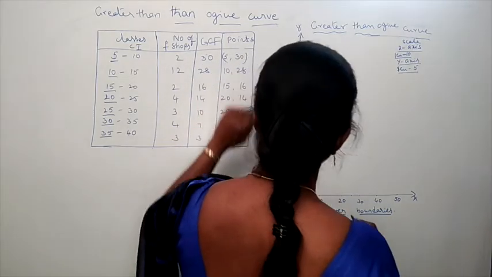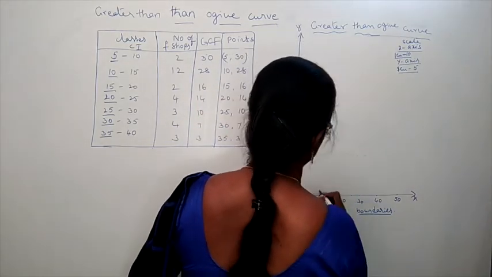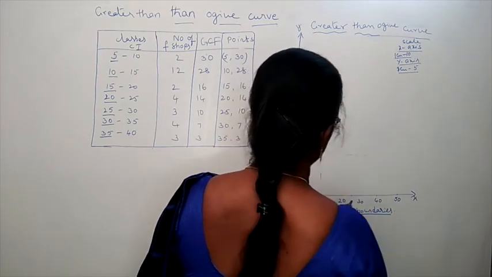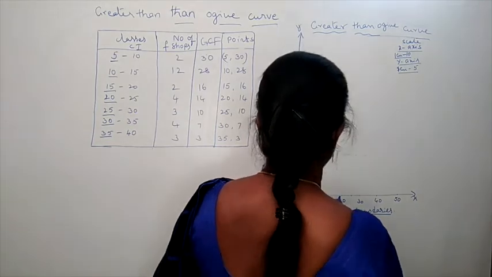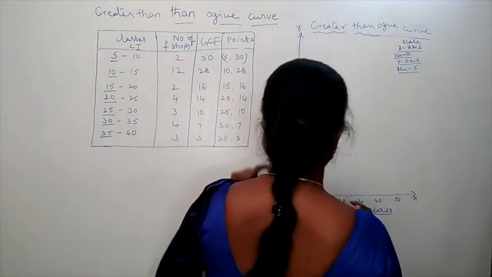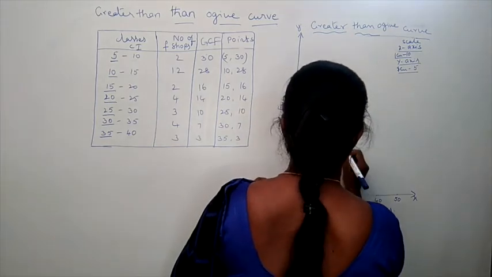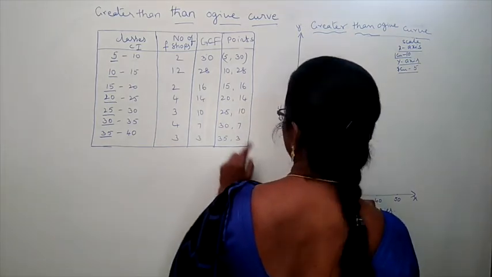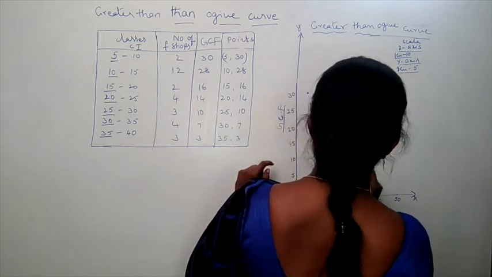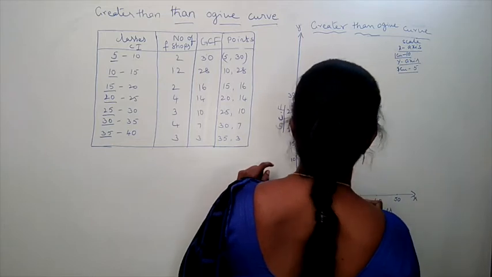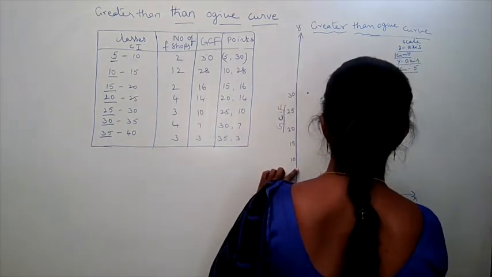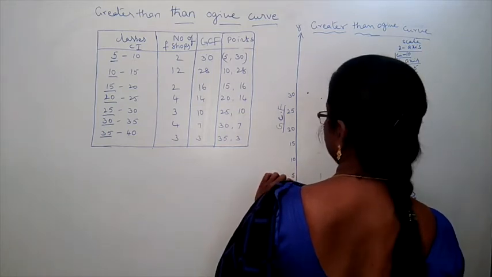Next 10, 28. 15, 16. 20, 14. 25, 10. 35, 3.